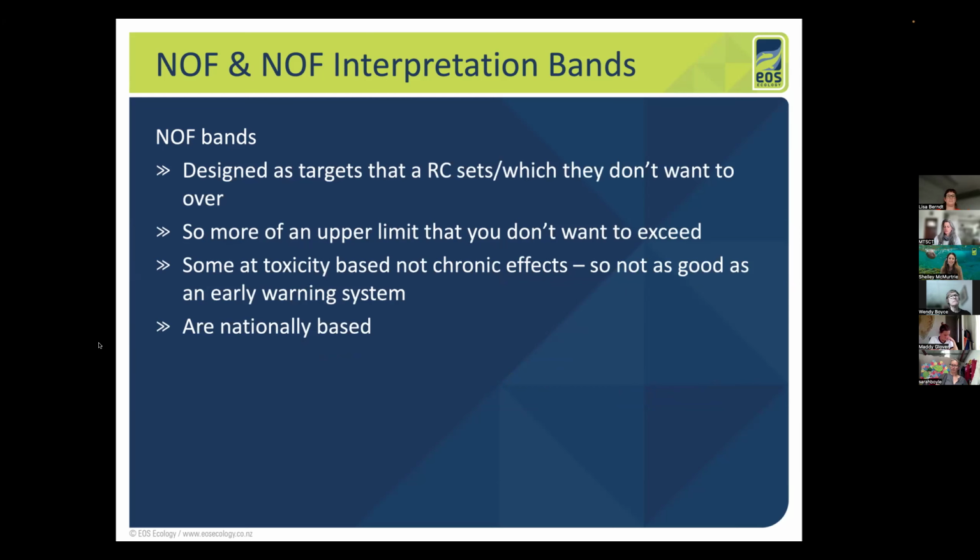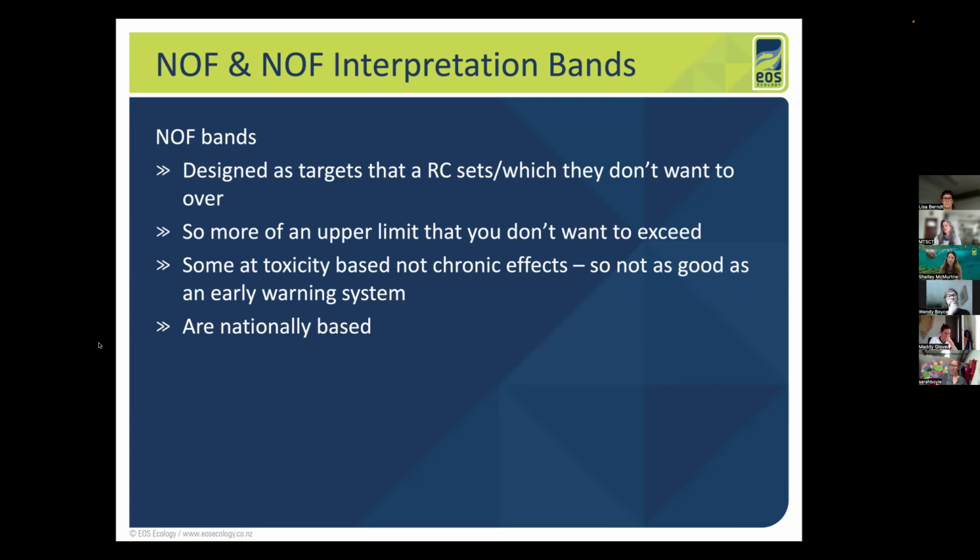They are designed as targets that the regional council set. So that kind of means that those are the levels that they're not wanting to exceed. So in that way, they're more like an upper limit. Unlike some of the other guideline values that are out there, this is like, as a region or for this freshwater management unit, we don't want this nitrate to go over this, and we need to work towards what we can do to prevent that from happening in the first place.